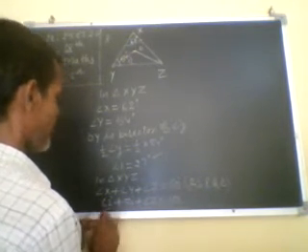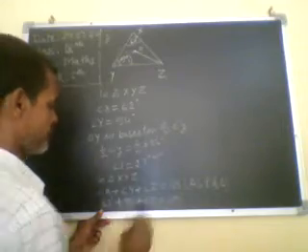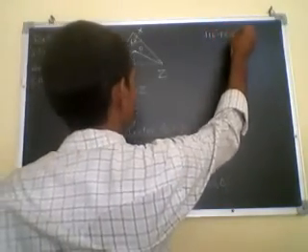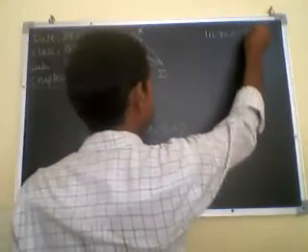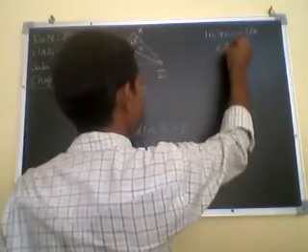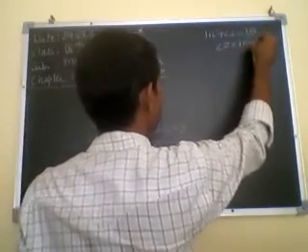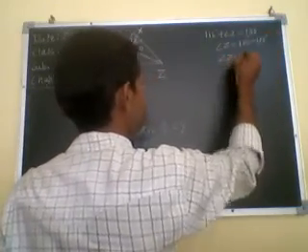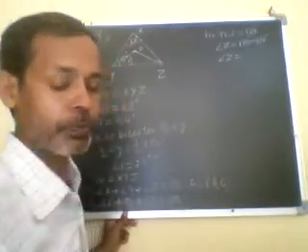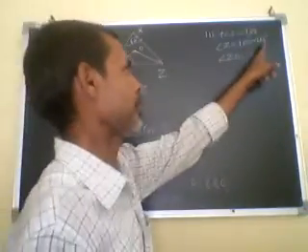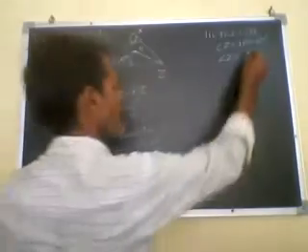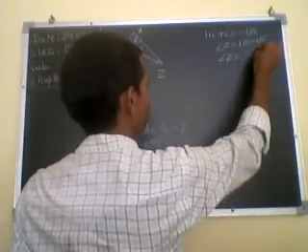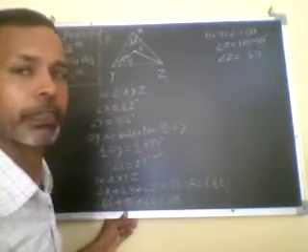So 62 plus 54 is 116, plus angle Z equals 180. So angle Z is 180 minus 116, which is 64 degrees. Is it clear?